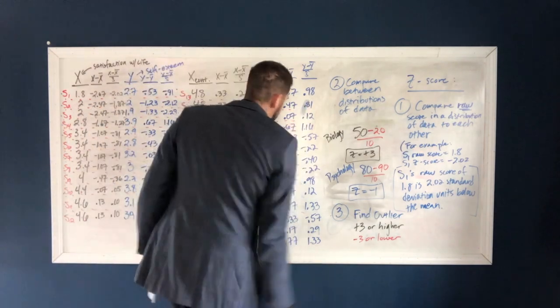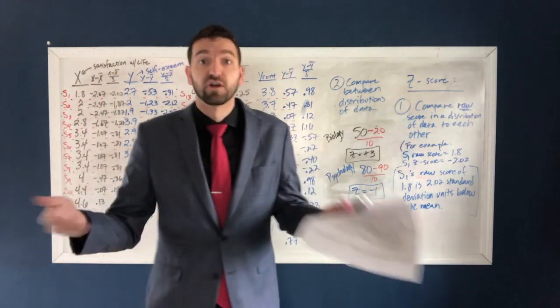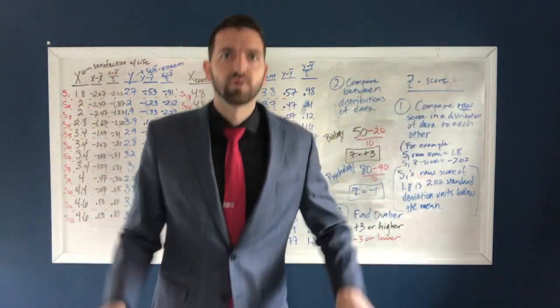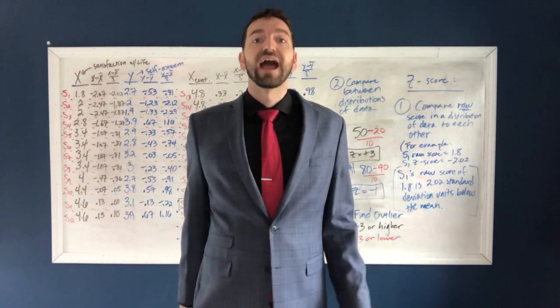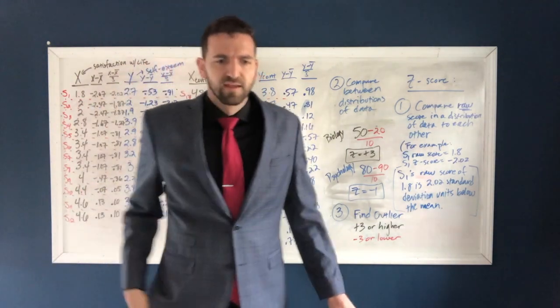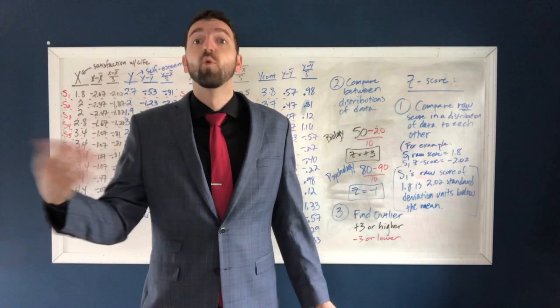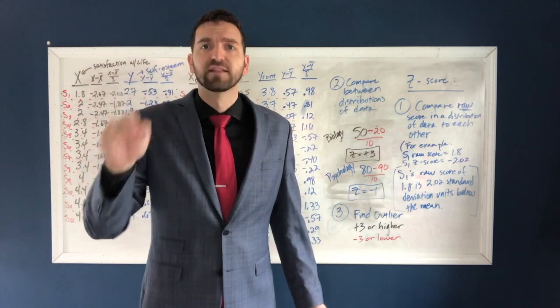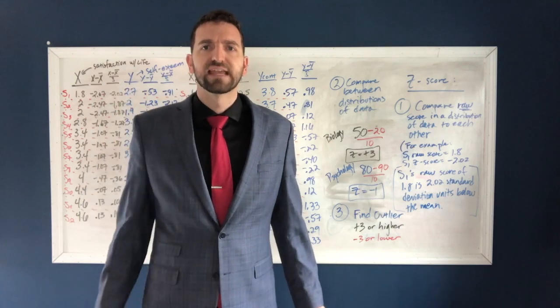And in fact, we don't have any z-scores that are +3 or higher or -3 or lower. Therefore, we don't have any outliers. But let's say we had a z-score of +3.1. Well, that raw score would be an outlier in the distribution of data.